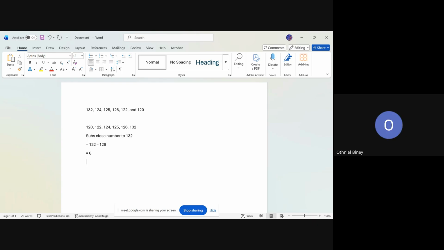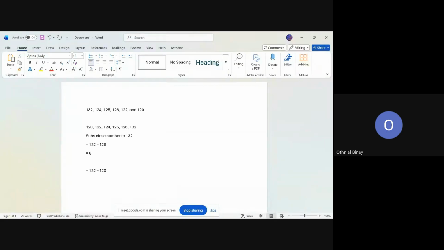So after this, the Q test is saying that after getting the difference between the odd number and the closest number to the odd number, you then find a range. The range is, after arranging in ascending order, just subtracting the least number from the odd number. In this case, our least number is 120, whereas our odd number is 132. So I'm going to do the math, which is 132 minus 120.